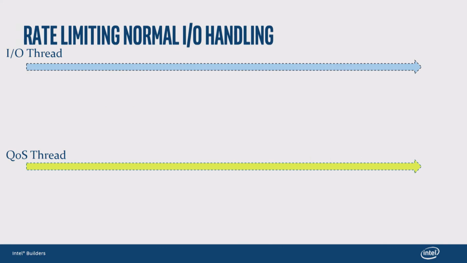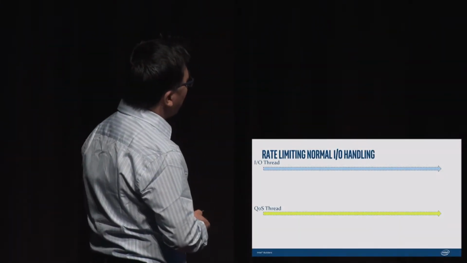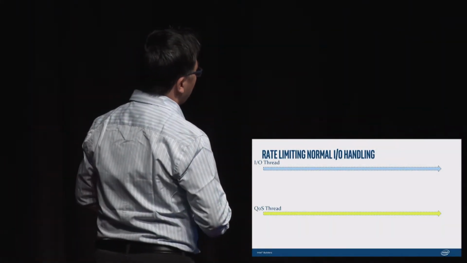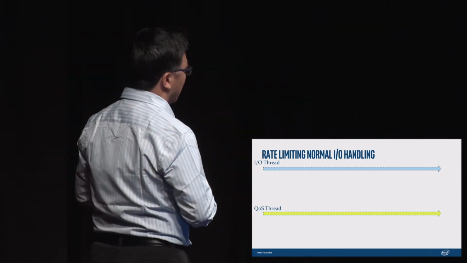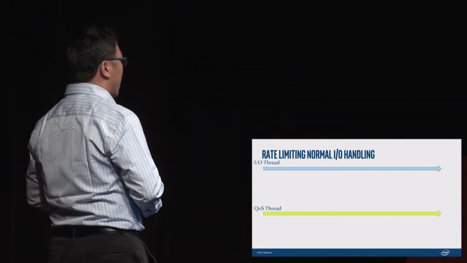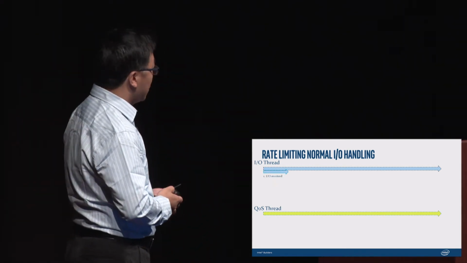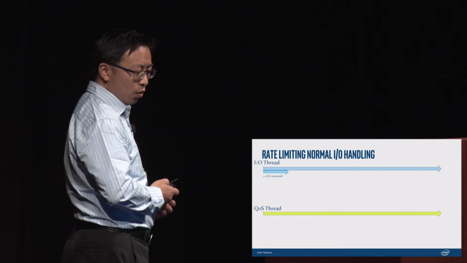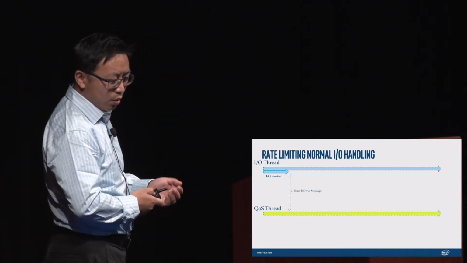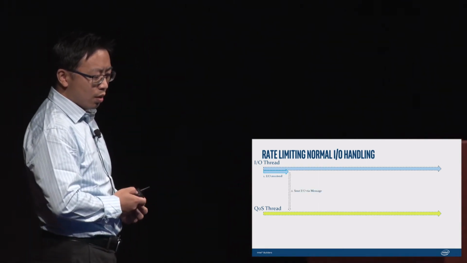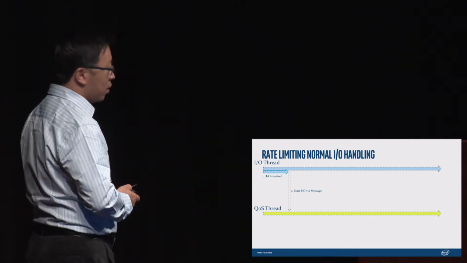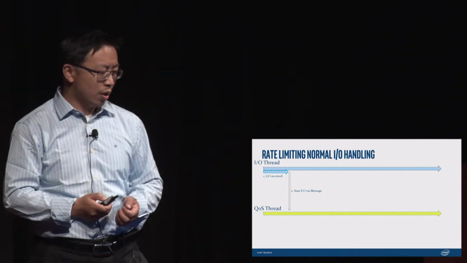And next, let's talk about the normal IO handling. As I said, we are trying to have a clear and straightforward way of handling IOs. When the IO thread receives the IO request, it will send those IOs to the QoS thread through a message.